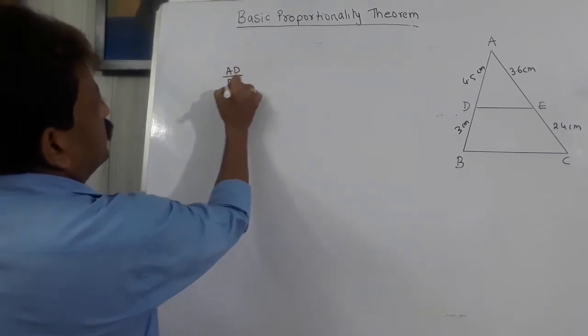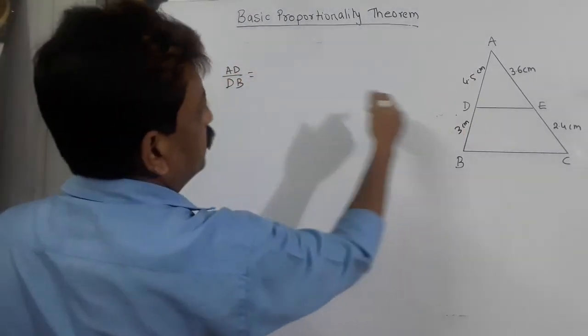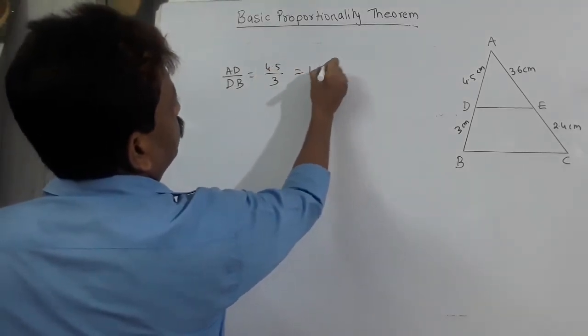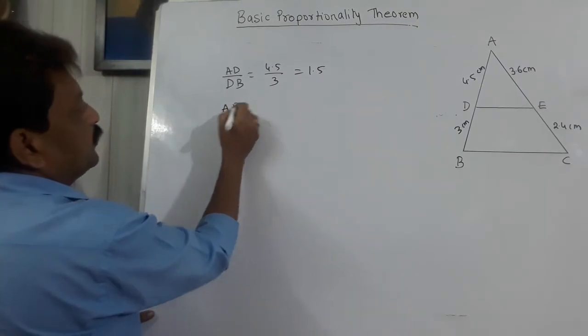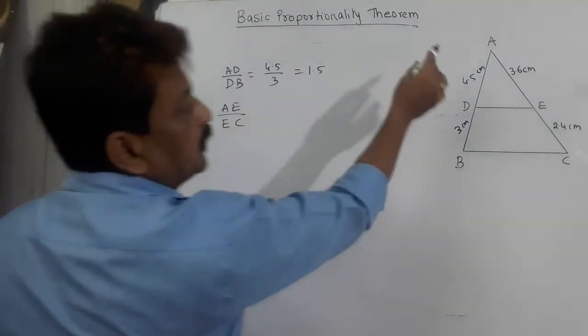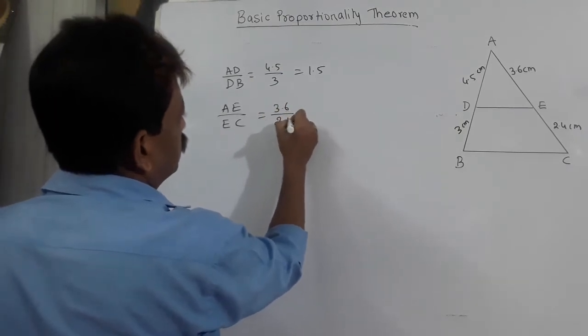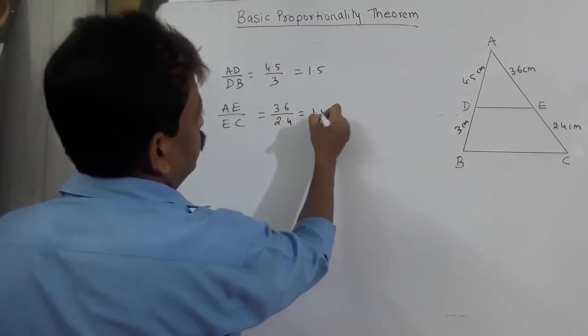AD upon DB is 4.5 upon 3, that is 1.5. AE upon EC is 3.6 upon 2.4. So this is also 1.5.